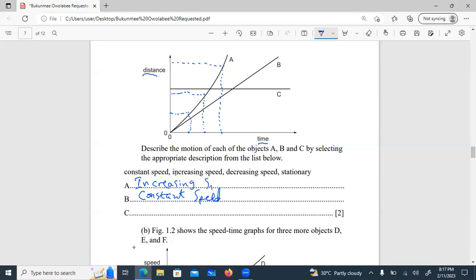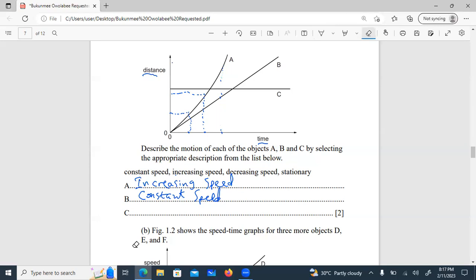When the curve is curved in an anti-clockwise direction, then we know that speed keeps increasing. If it was curved in a clockwise direction, then it means the speed keeps reducing, that is, the object is decelerating. But in this case, the object is accelerating.